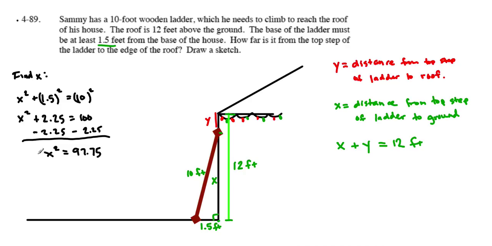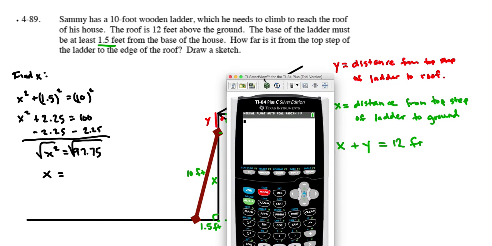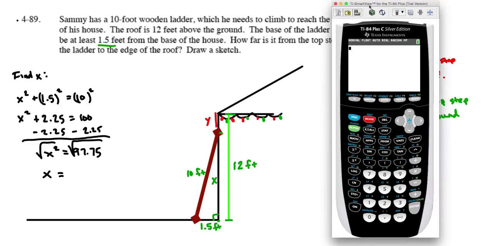Now we're going to take the principal square root of each side. We won't have to worry about taking the absolute value here because we're dealing with distances, so the negative value won't matter. So x should equal, and let's pull out our calculator to get a somewhat accurate value of what the square root of 97.75 is. So second square root 97.75.